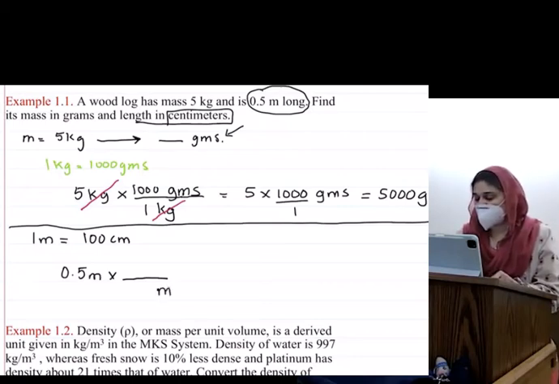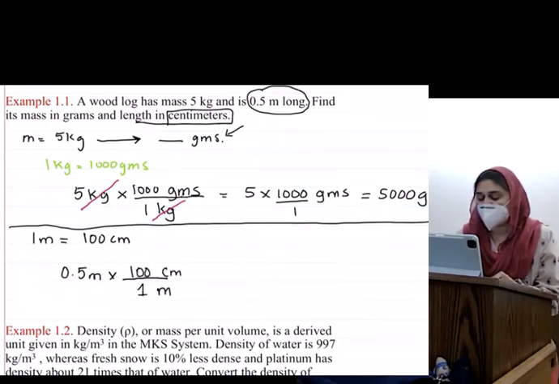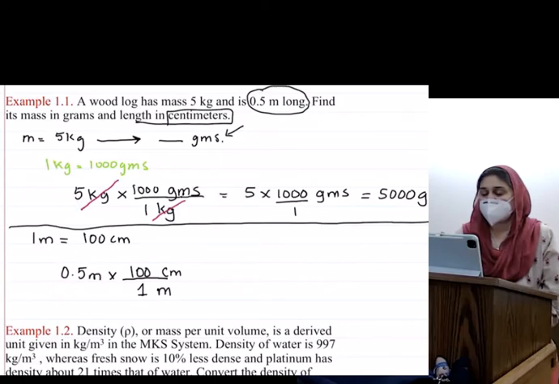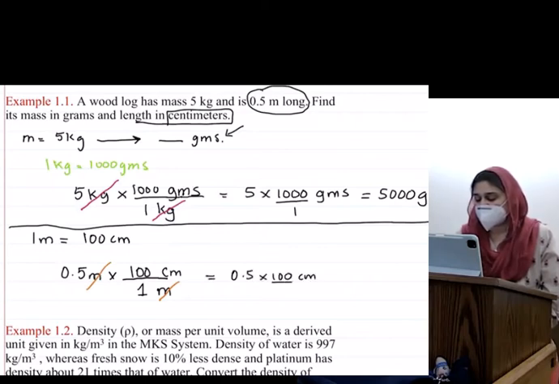Meters, right? Yeah? 1 meter equals how many centimeters? 100. So that means I can cancel this meters with meters, and I am left with 0.5 times 100 centimeters divided by 1, or 5? 50.